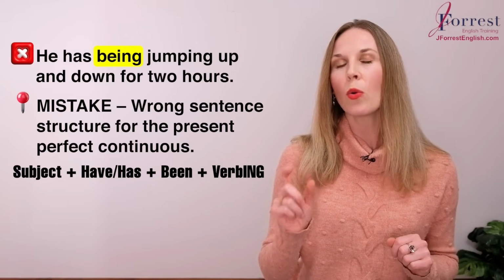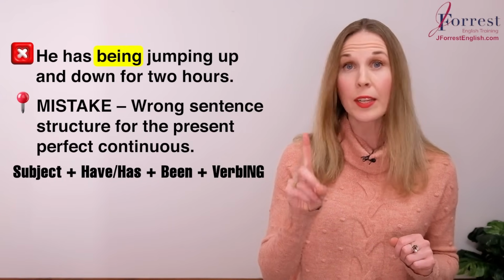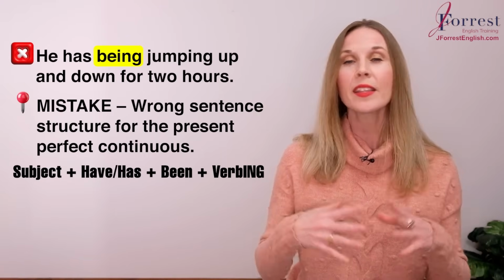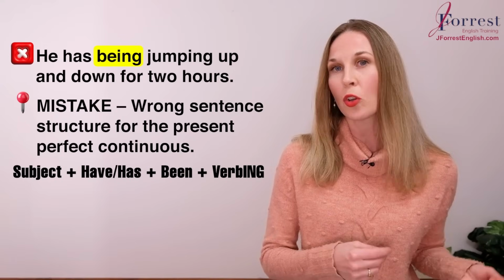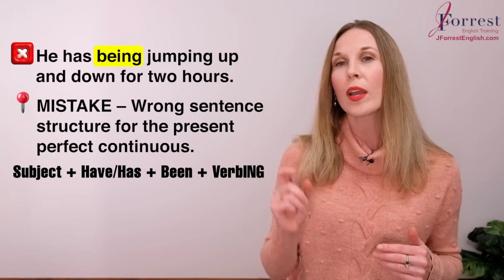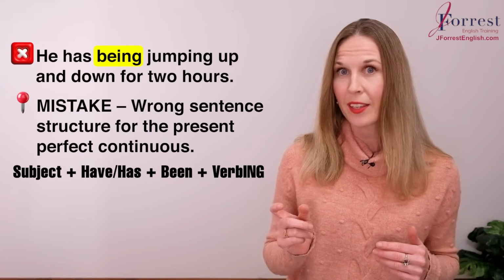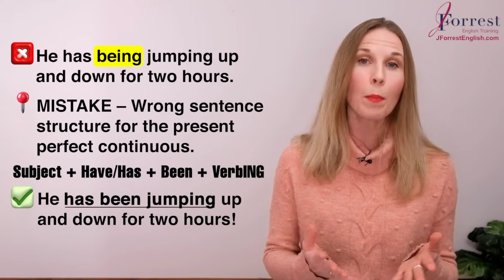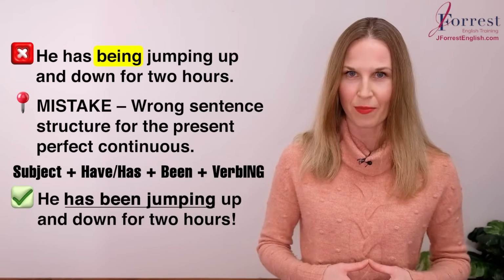So the student only made one mistake, but just one mistake with the structure of a sentence will make the entire sentence incorrect. The student used the verb in ing, being, when it should have been. So the correct sentence is, he has been jumping up and down for 2 hours.